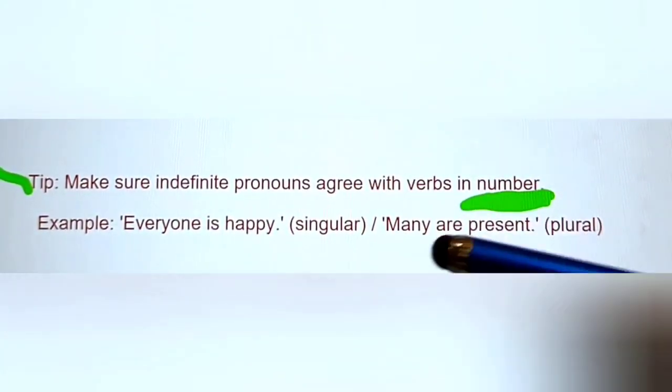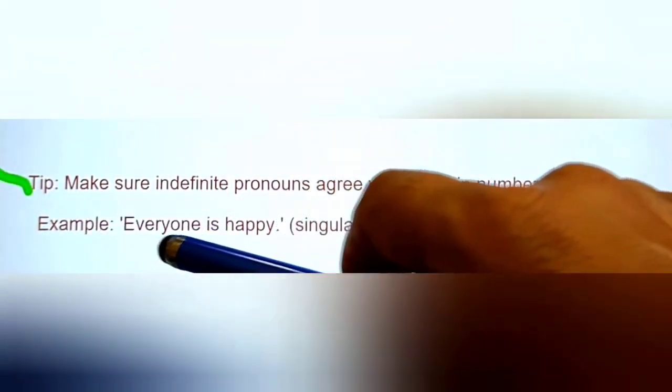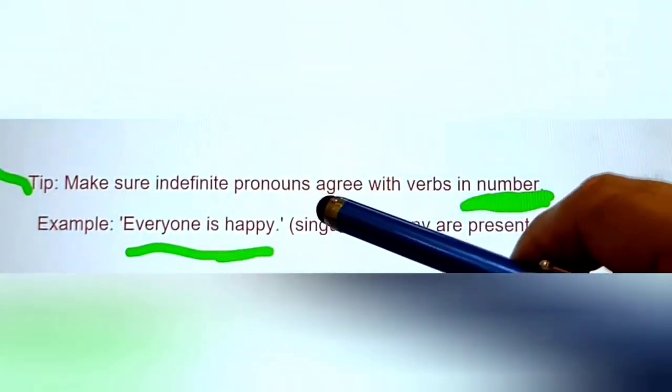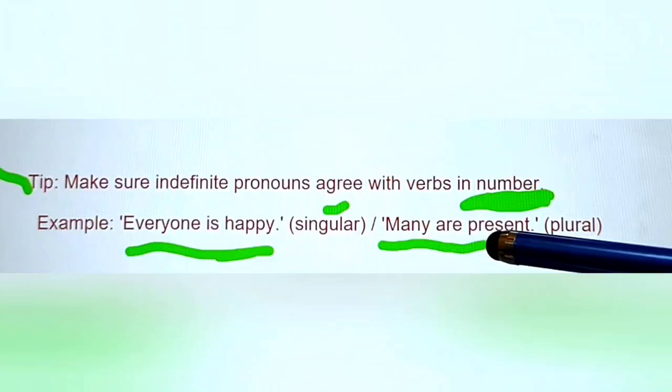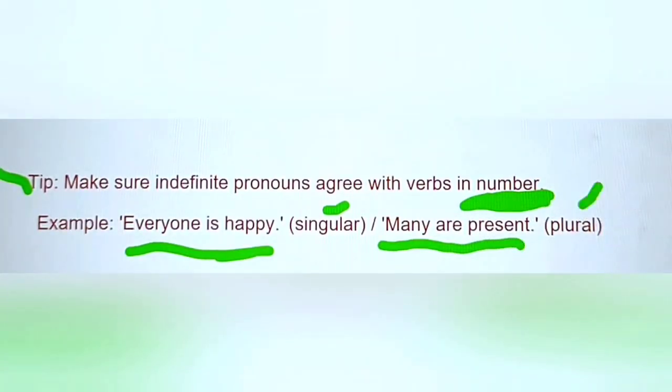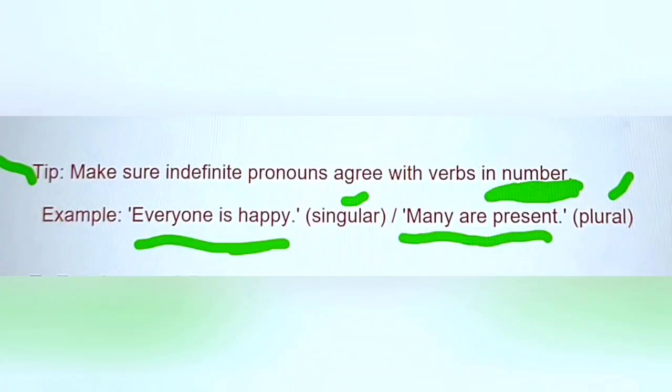For example here, everyone is happy. This is singular here. And many are present. This is plural here. We have to make sure verbs agree in number when we use indefinite pronouns in sentences.